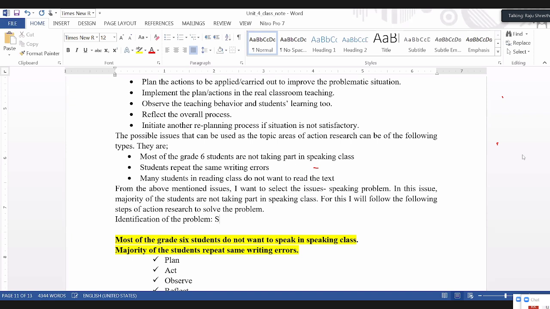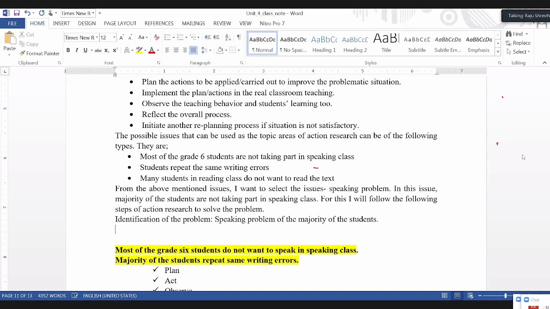Identification of the problem: speaking problem of the majority of the students. Then what is the plan?